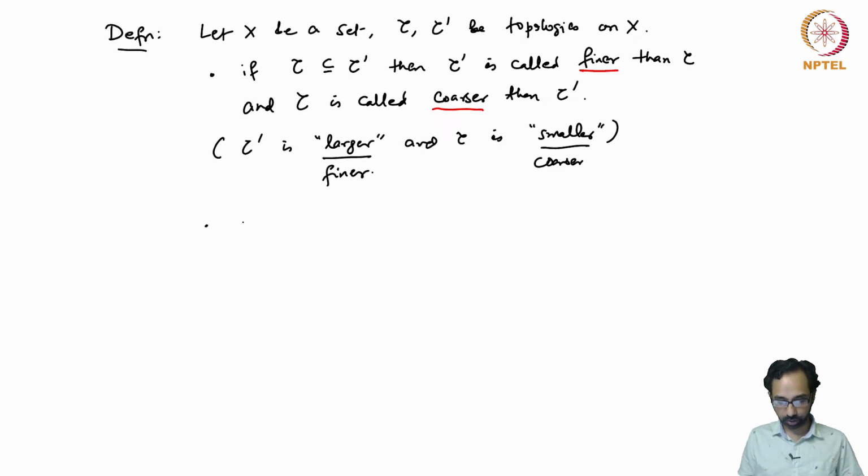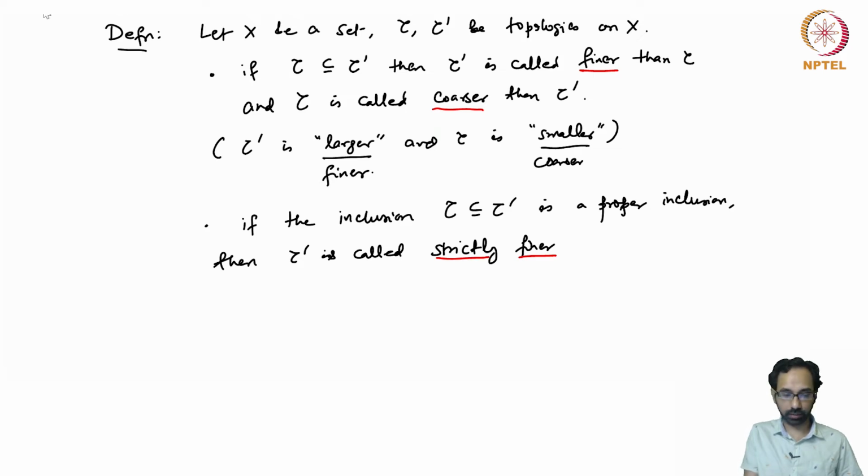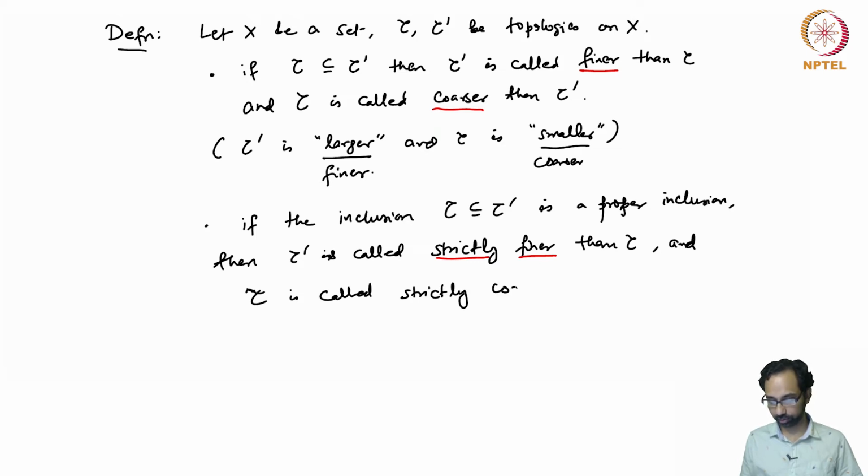Now if this inclusion is a proper inclusion, then tau prime is called strictly finer than tau, and tau similarly is called strictly coarser than tau prime.